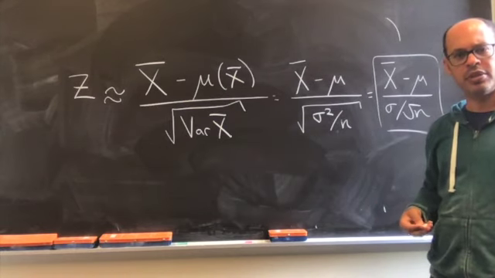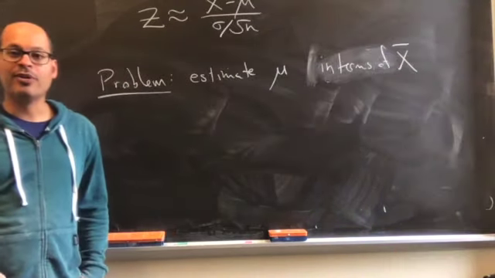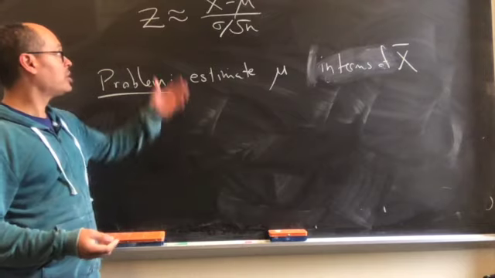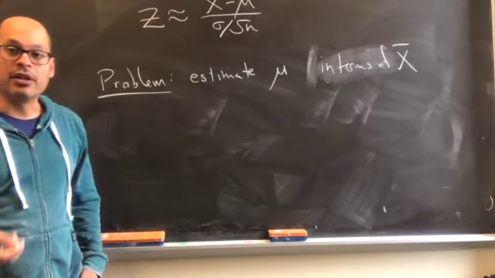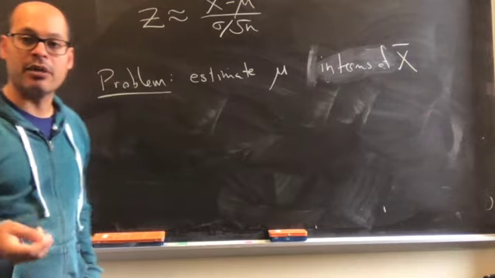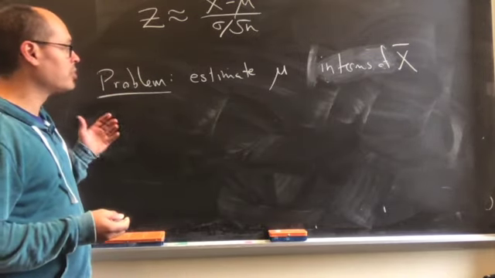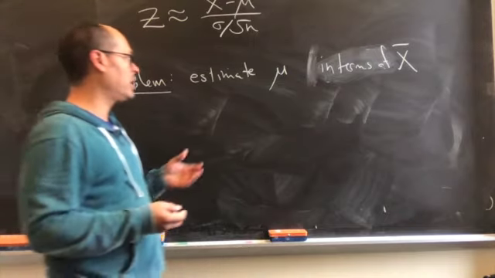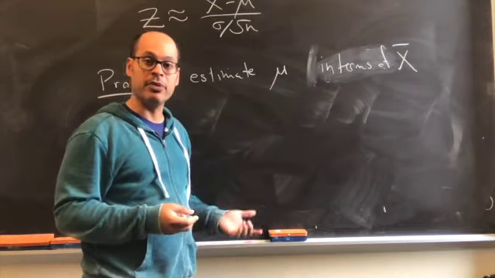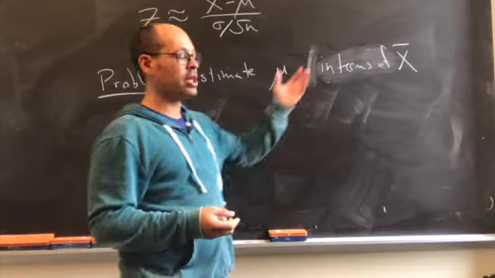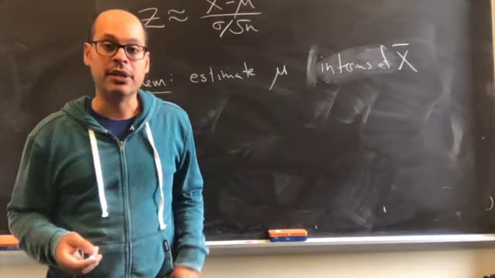Getting back to our problem then, we have the knowledge that this particular combination is our standard normal random variable. The problem we're faced with, as always, is to estimate the mean of the population in terms of the sample mean.